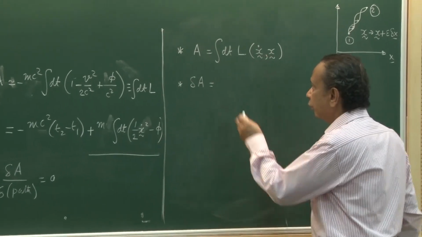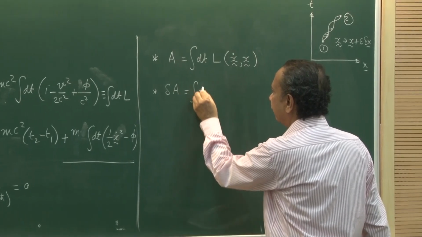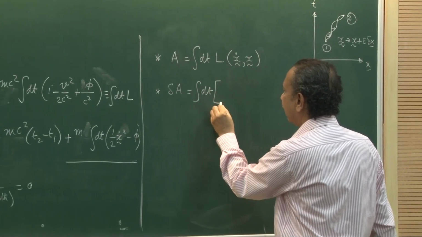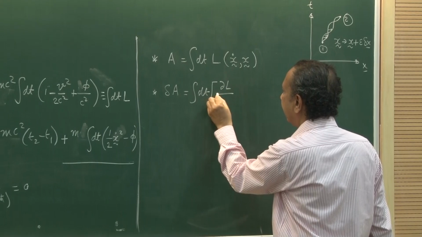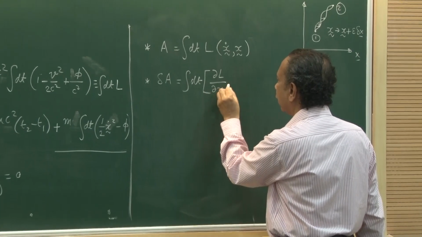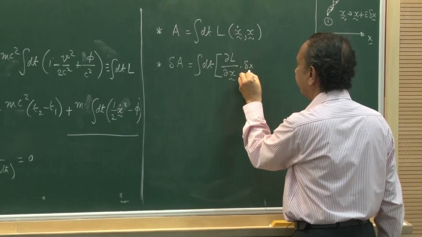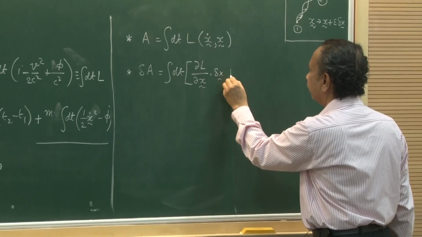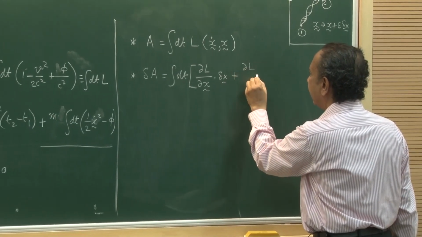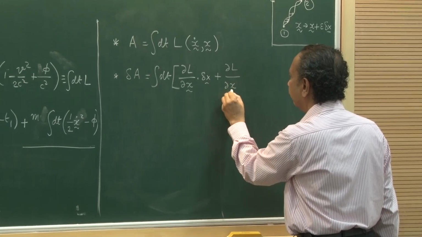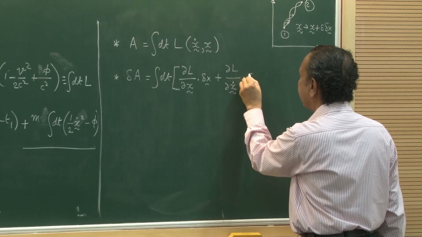So, if you do this delta, then you have dt, and what you have is dl by dx dotted with delta x, then plus dl by dx dot dotted with the delta x dot.